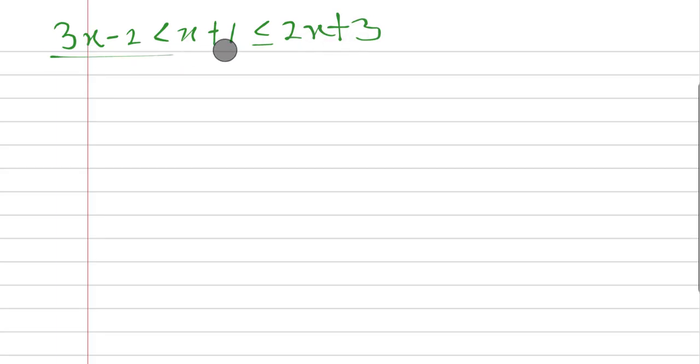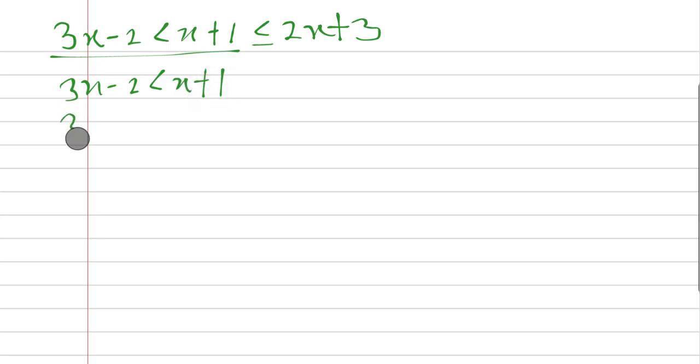All right, so let's solve that here. We have 3x minus 2 less than x plus 1 less than or equal to 2x plus 3. Are you seeing that now? So you first take this one. That means we have 3x minus 2 less than x plus 1.